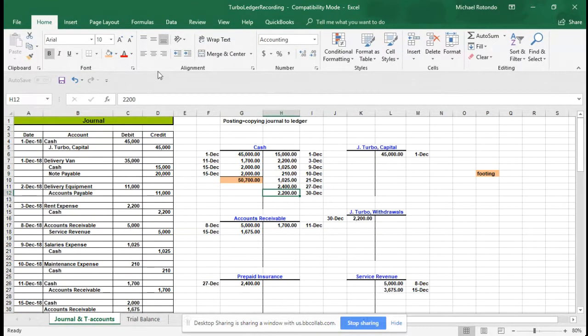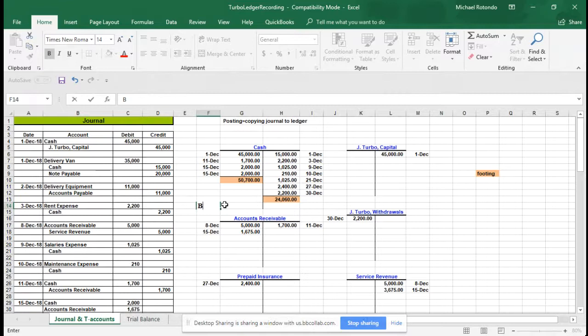So now we have to look at the credits. Let's total those up. We have 24,060. Those are our total credits. So how do we determine the balance? Well, we can see debits exceed credits, so we know that cash must have a debit balance. That is what we would expect it to have, because the normal balance of an asset is a debit.